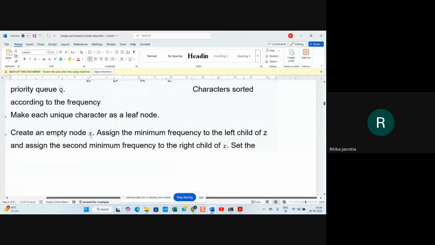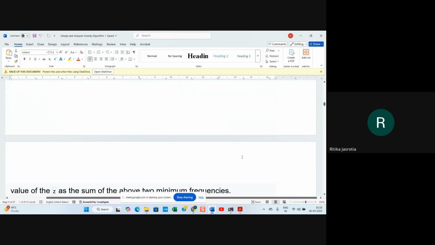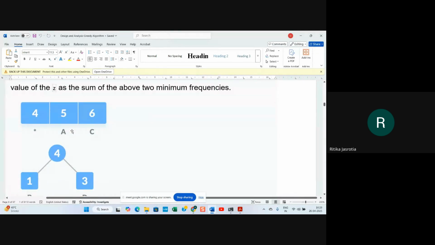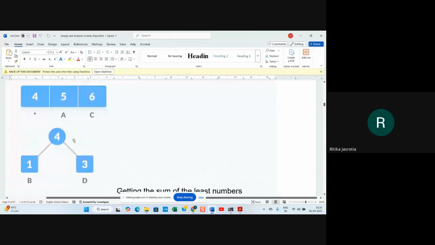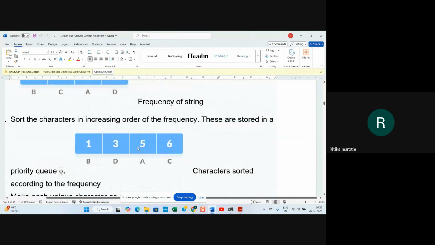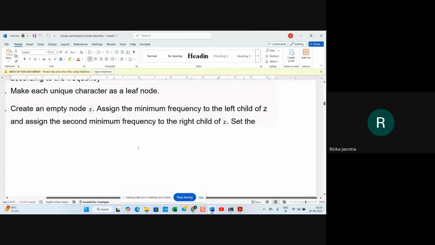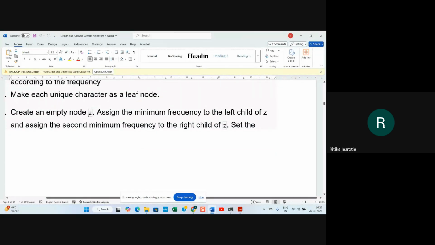Create an empty node Z, assign the minimum frequency to the left child of Z, and assign the second minimum frequency to the right child of Z. Set the value of Z as the sum of the above two minimum frequencies. So we will take Z, an empty node.